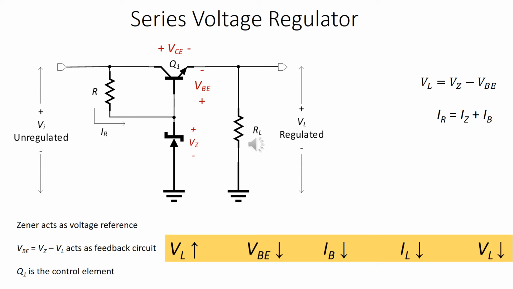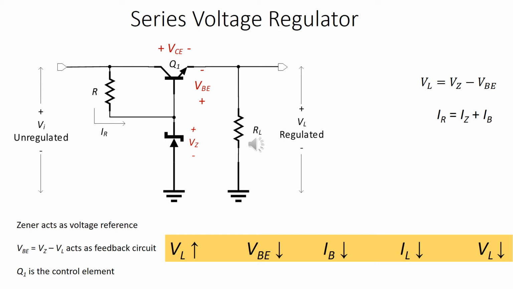Let us look between the ground up to VL regulated. We can see there are two near constant voltages. Vz, with the top part, the cathode of the Zener, positive and the anode at 0 volts.